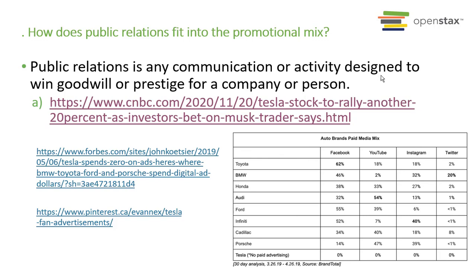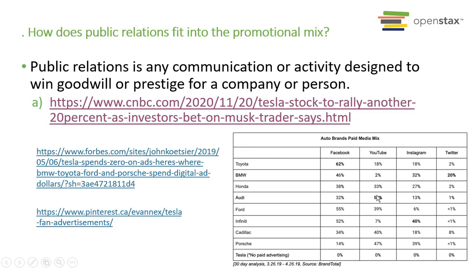Well, what's fascinating is this. Look at auto brands' paid media mix, right? So Toyota, most of the money for Toyota is going into Facebook. BMW, not quite as much as Toyota in terms of percentage for Facebook. Twitter, BMW seems to also spend a lot of money on Twitter. Honda is kind of spread out, almost evenly there, especially between Facebook and YouTube.